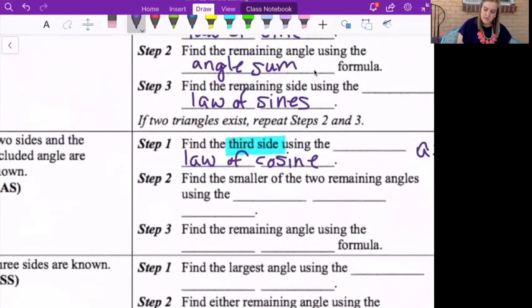Then we find the smaller of the two angles using law of sines. And then to find the remaining angle, we do our angle sum.